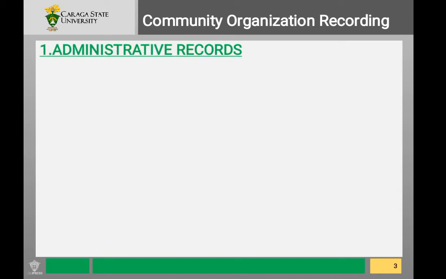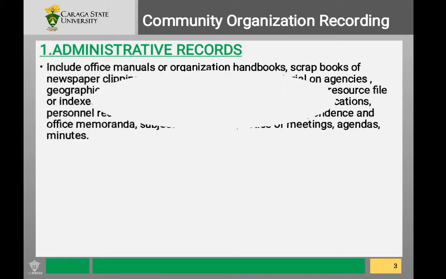Let us now discuss the community organization recording. The first one we have is the administrative records.